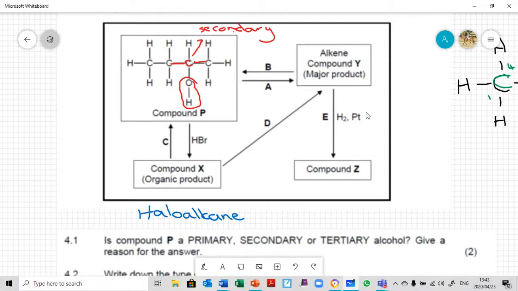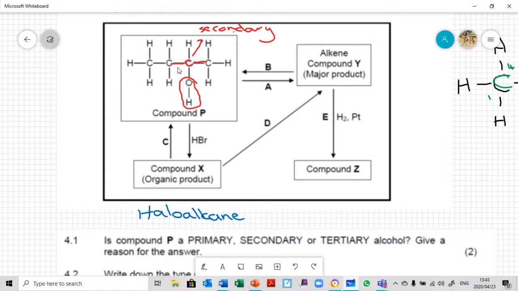So this is hydrogenation, I add hydrogens. So I've got an alkene. Now, which alkene do I have? It comes from there, so it has to have four carbons. This is a very mean question because you have to do this elimination correctly.